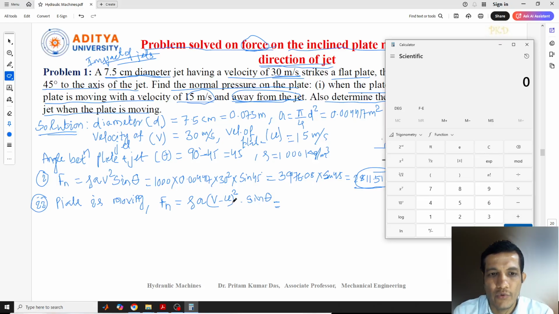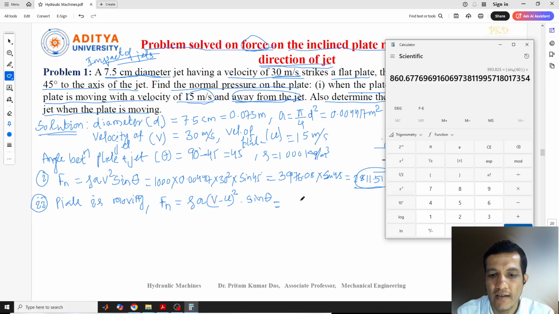So v minus u square, that means 30 minus 15, so 15 square. So this is again 1000 into 0.004417 multiply. This is 15 square, that is 225, into again bracket start sine of 60.